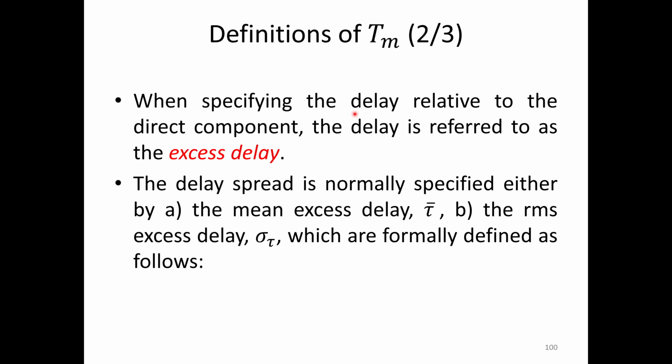When specifying the delay relative to the direct component, the delay is referred to as the excess delay. The delay spread is normally specified either by A, the mean excess delay, tau bar. When you see a bar above a symbol, it usually means the mean or the average of this symbol. Or B, the RMS, root mean square, excess delay, sigma tau, which are formally defined as follows.